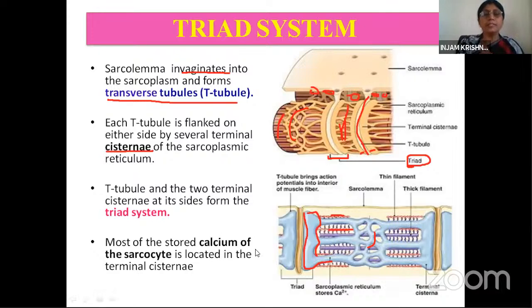Cyte means cell, so sarcocyte means muscle cell. Calcium is important for muscle contraction and proper functioning of the muscle, so we need more calcium.